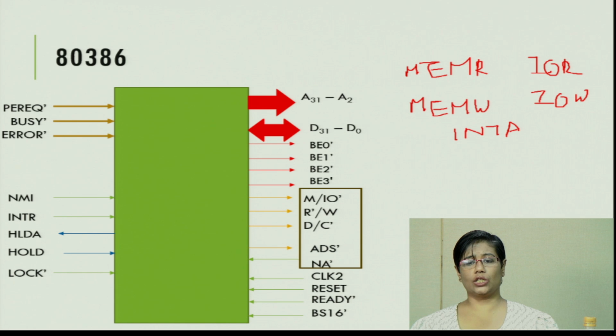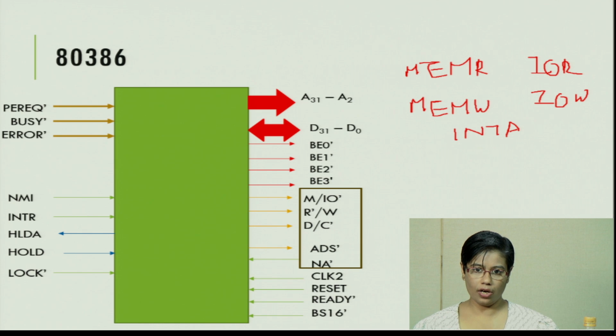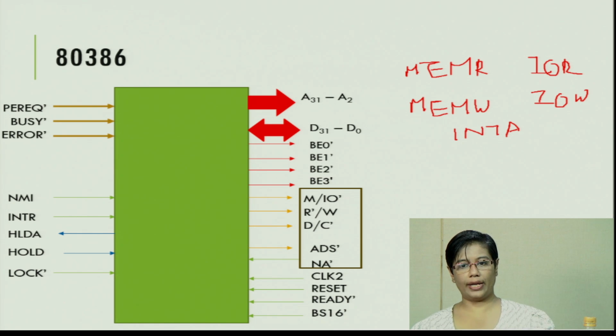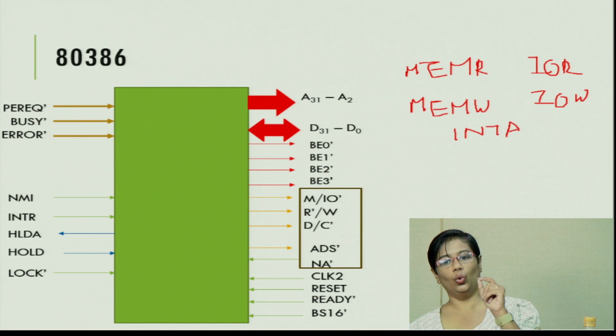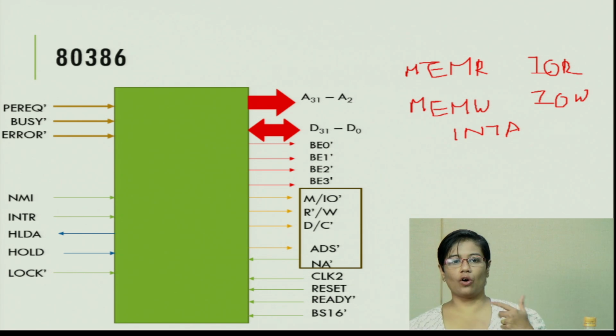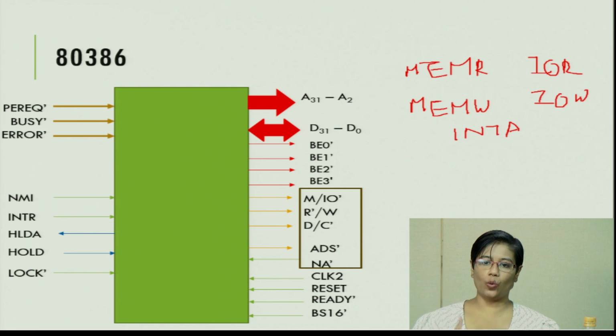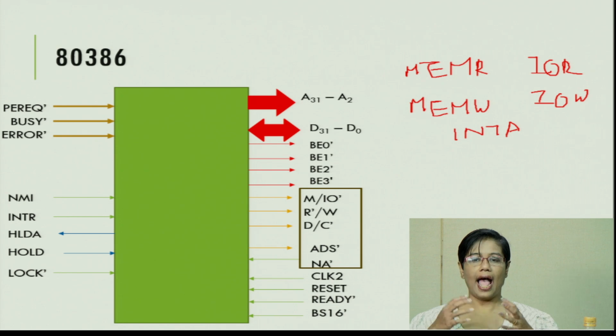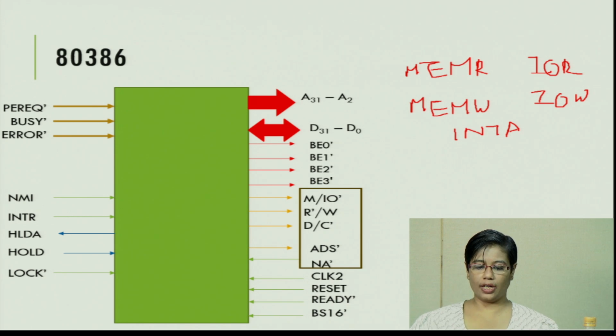Now again, this is not in the format that you are expecting, so it means there will be an external bus controller. With 8086 we had 8288. With 80286 we had 82288. In case of 80386, you have an equivalent bus controller available, and it generates the memory read, IO read, memory write, IO write, and interrupt acknowledge signals.